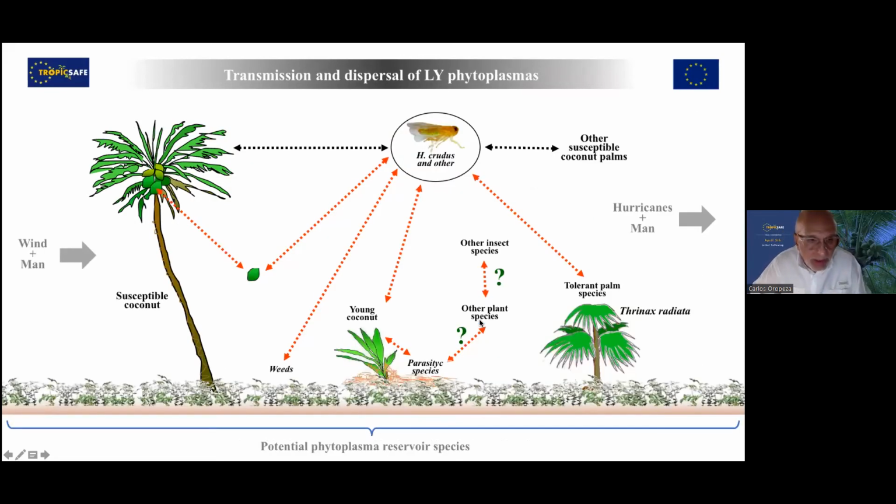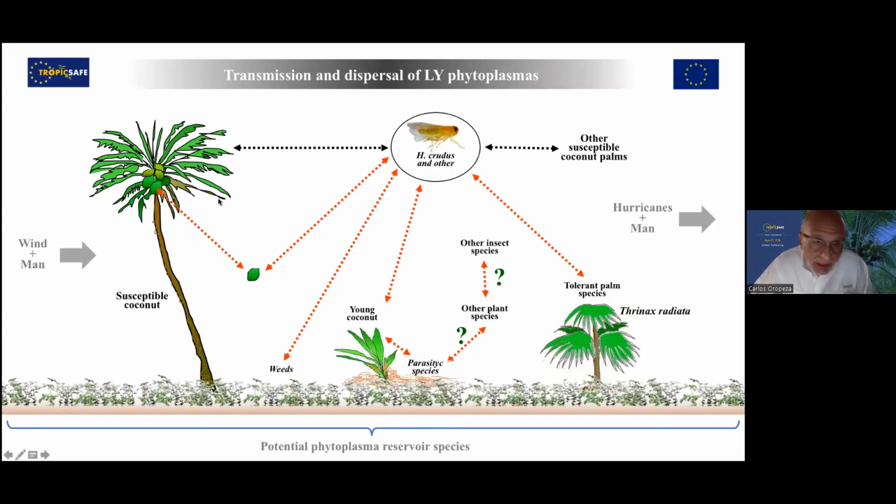Well, with this information, I would like to mention, based on this diagram, that the phytoplasmas can be transmitted from a susceptible plant that is infected by Haplaxius crudus or maybe other insects to other plants that are not infected.